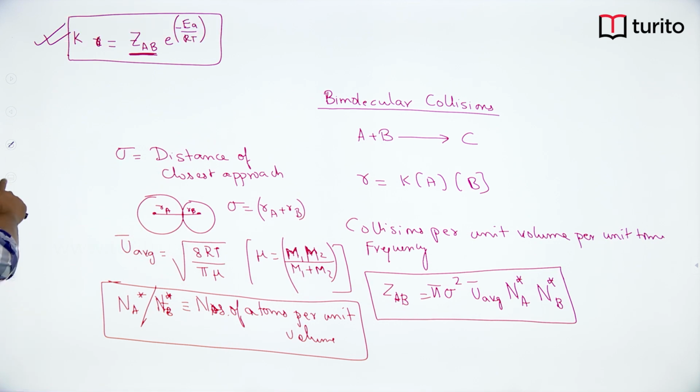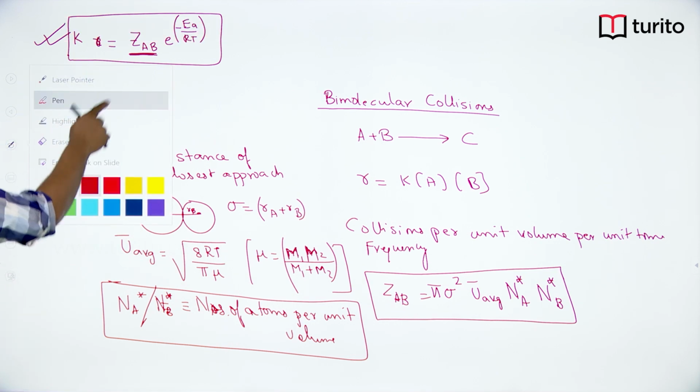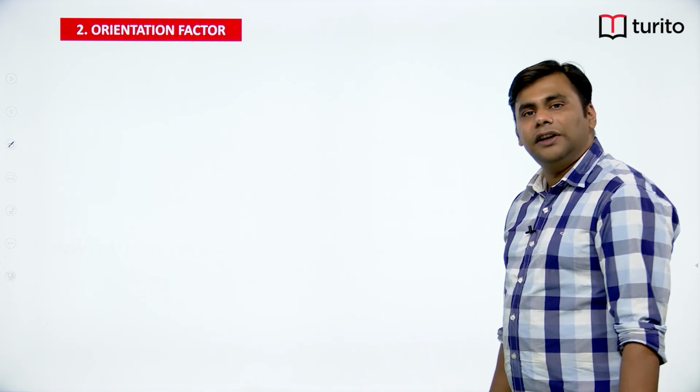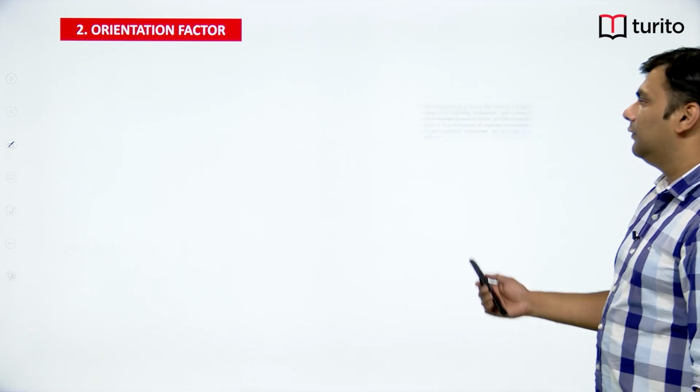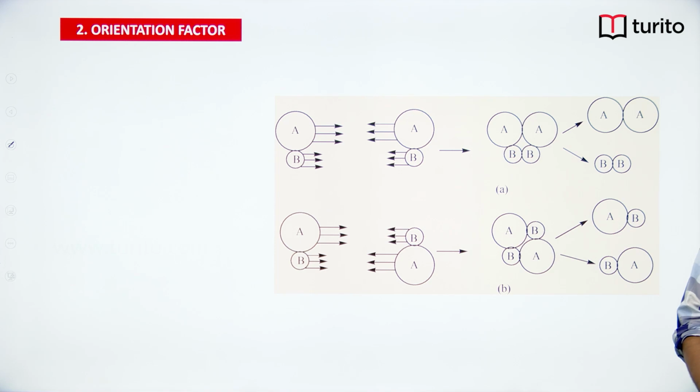So when the value of k was calculated through this, it was found that the experimental value of the rate constant was not matching with the k predicted through collision theory. So another factor was introduced, called the orientation factor, which we already said is very important for a reaction to happen.